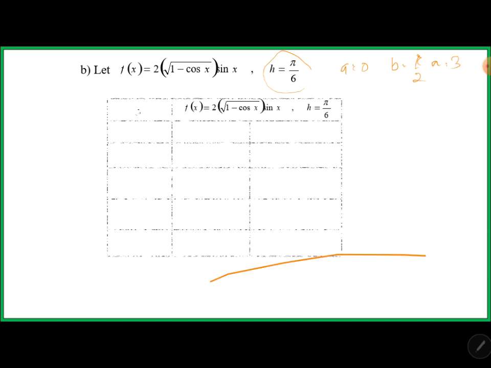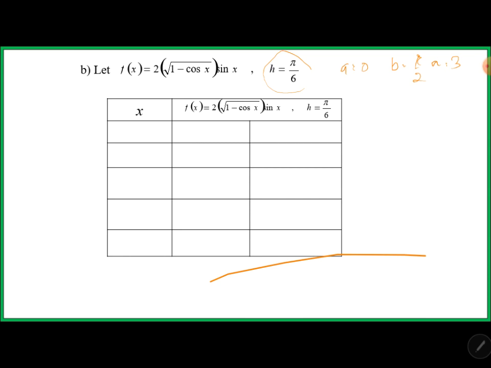So, substituting the x. As we know, what is our x?